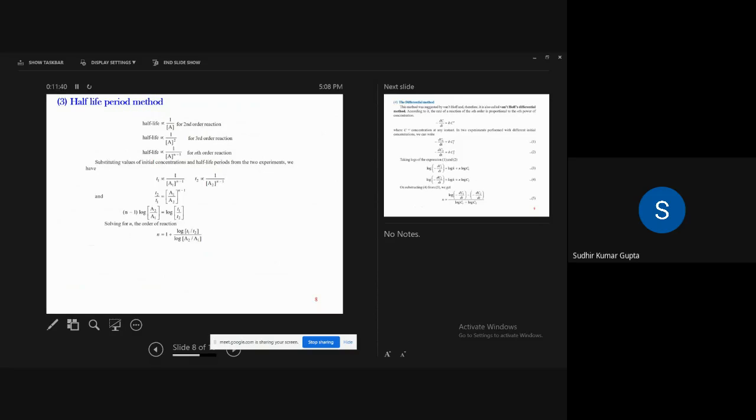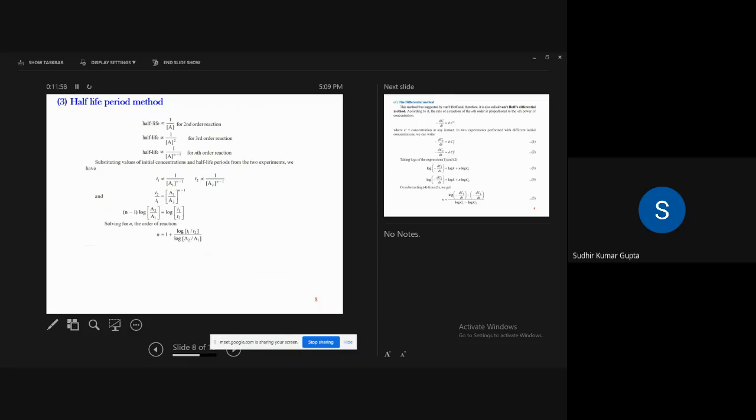For second order reaction we are having a factor of the reactant having power 1. For third order reaction we are having a factor, all these are initial concentrations, having the reactant concentration raised to power of 2.